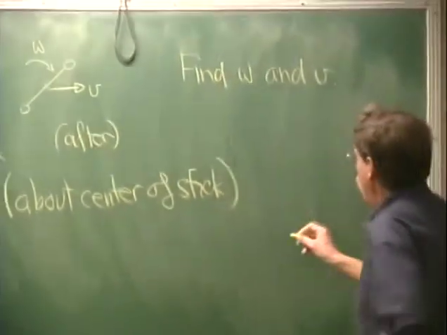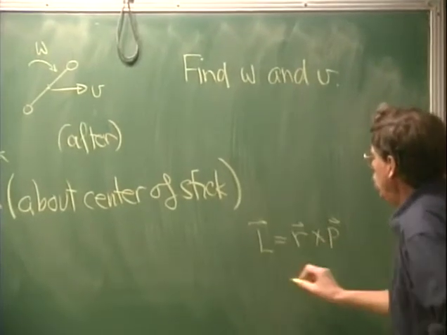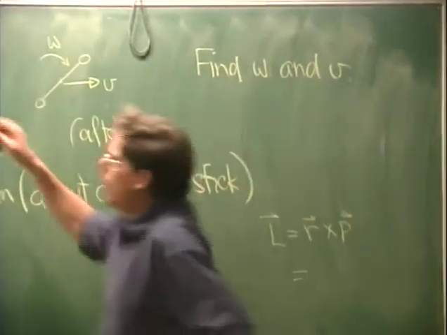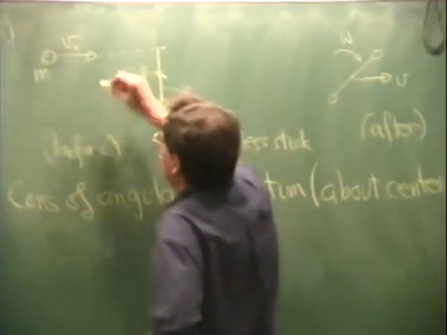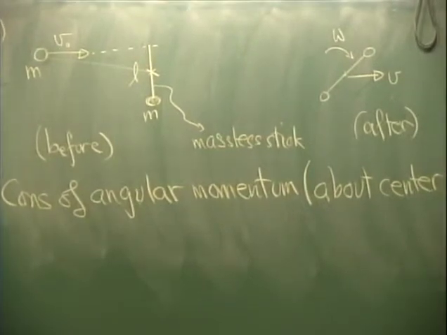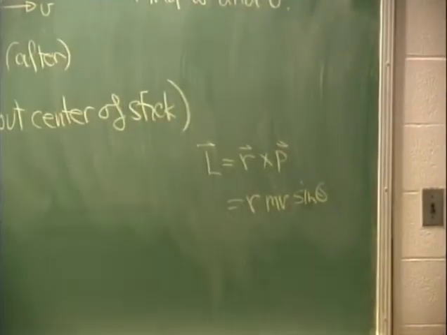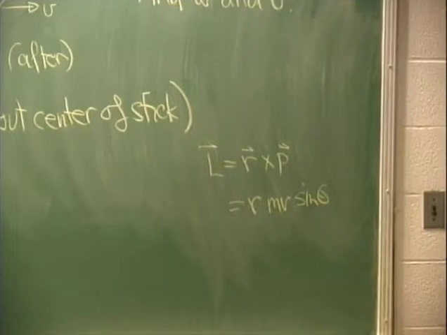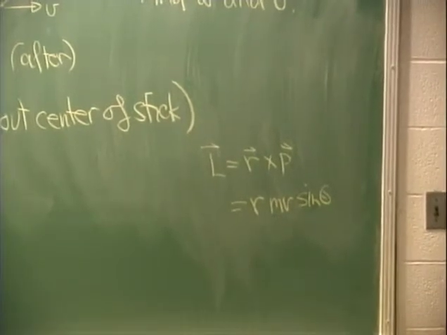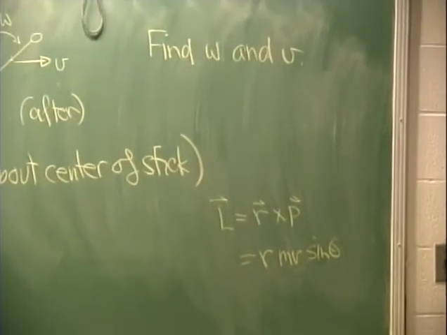Anybody remember it? We can get it from L equals R cross P. R is this distance here right at the moment. And so it's R times mv times the sine of the angle between the two, the sine of the angle between V and R. That's this angle here.